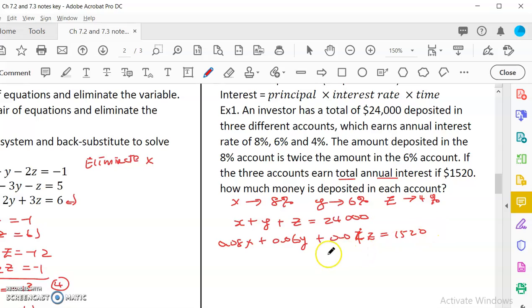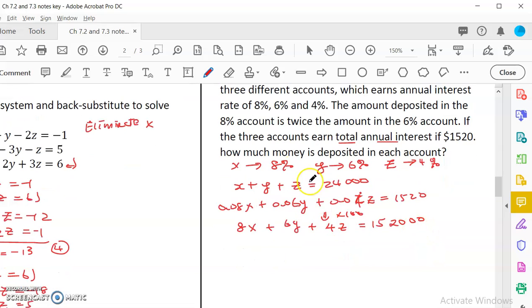Again, this one has decimals, so I'm going to multiply by 100: 8x plus 6y plus 4z equals 152,000. So this is equation 1. This is equation 2. We need one more.